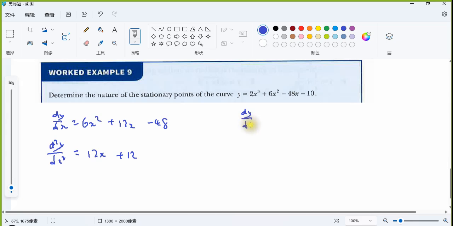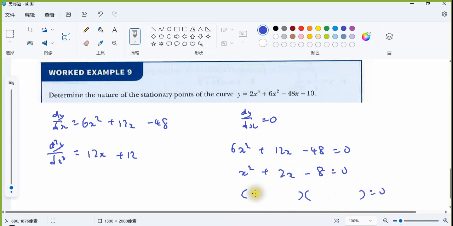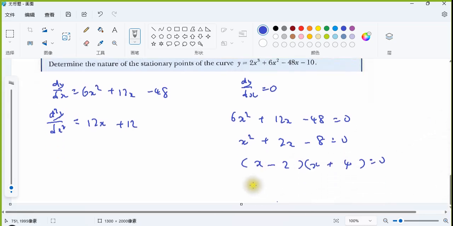If we want dy/dx equal to 0, then 6x squared plus 12x minus 48 equals 0, so x squared plus 2x minus 8 equals 0. We do the factorization, (x plus 4)(x minus 2), so we have x equals 2 and x equals negative 4.